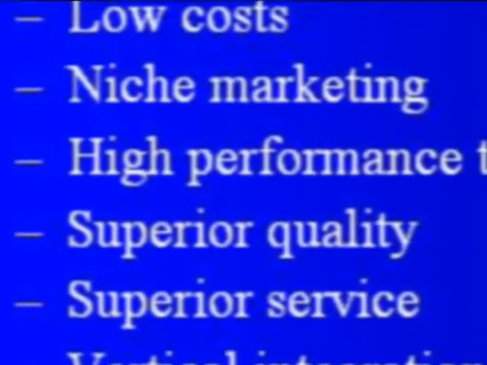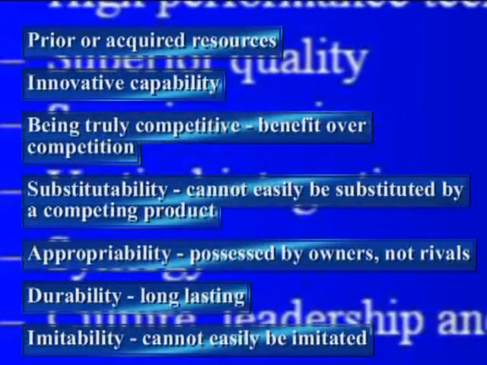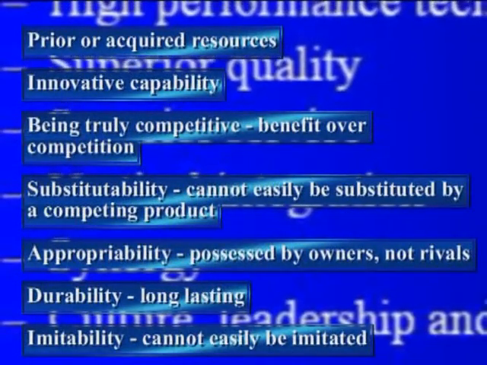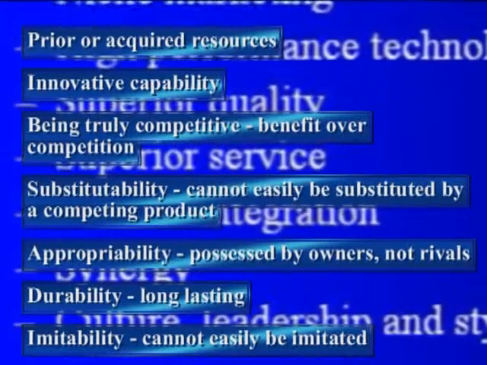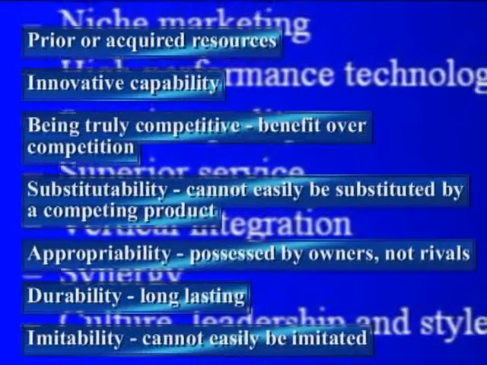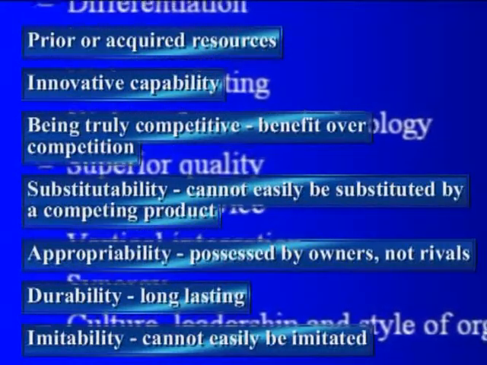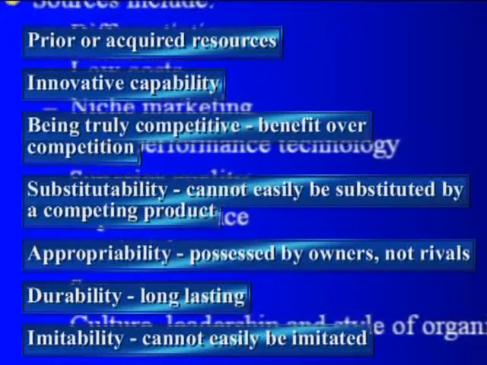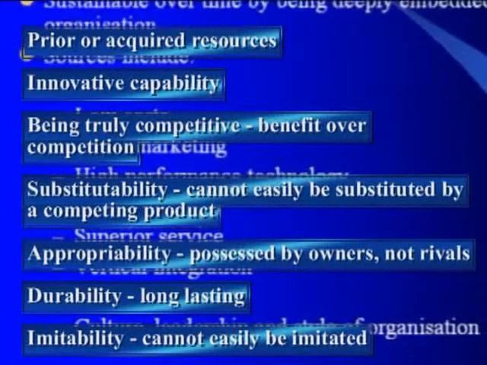There are 7 elements that may be associated with the RBV. Number 1, prior or acquired resources. Number 2, innovative capability. Number 3, being truly competitive. Number 4, substitutability. Number 5, appropriatability. Number 6, durability. And number 7, imitability.